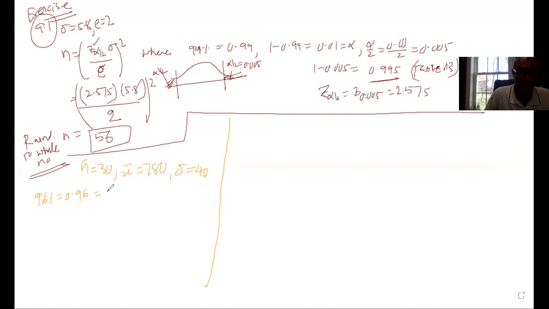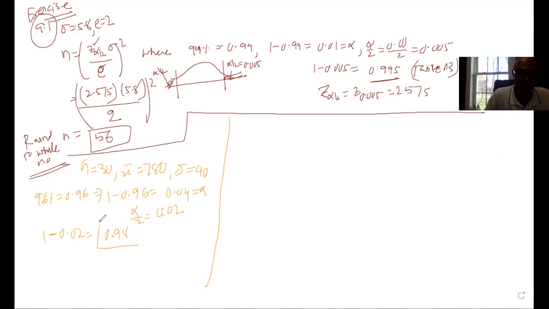So 1 minus 0.96 is equal to 0.04, and that is my alpha. So alpha by 2 is equal to 0.02. Right, guys? So 1 minus 0.02 is equal to 0.98.